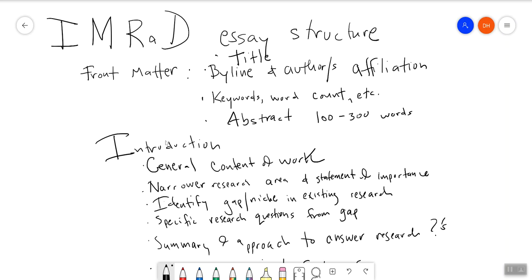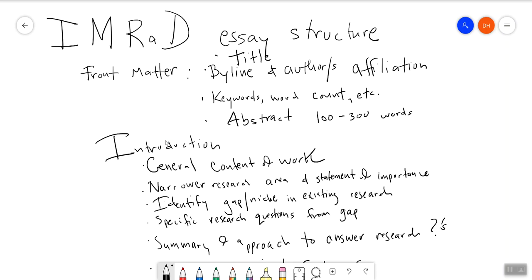So this is what's called the IMRAD model essay structure. Okay. Now I will do specific discussions on each of these sections in future lectures, future videos that I put up. But this is to give you a broad sense of how all your scientific papers should be structured.